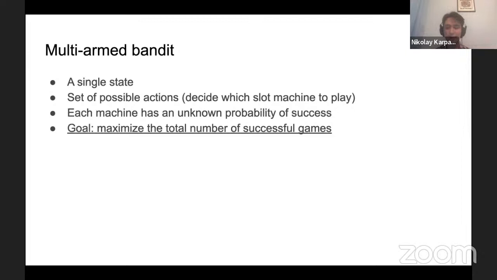And as the user of the casino, you want to maximize the total return. So you want to maximize the total cash that you win minus the cash that you spent. So the end goal is to maximize the money that you get, or in our formalism, to maximize the total reward.